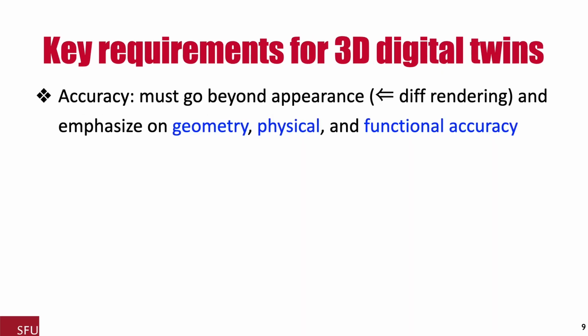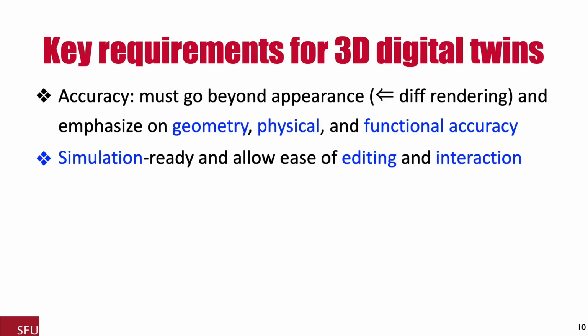So I believe the key requirements for 3D digital twins are accuracy for sure, but we should go much more beyond appearance. We need to focus on accuracy in terms of geometry, physics, and also function. It needs to be simulation ready. It needs to be easily edited. It needs to be easily interacted with, because that's what real applications demand.